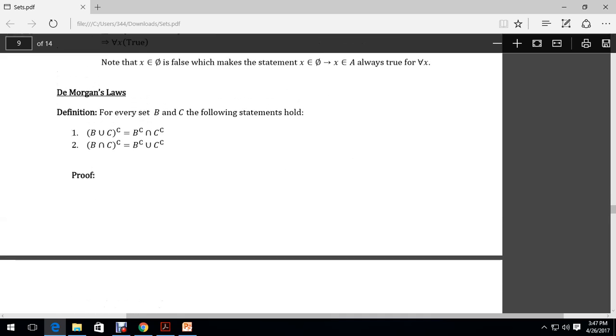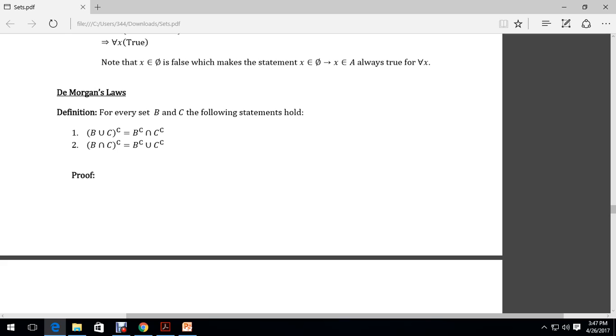Okay, so next will be De Morgan's laws. For example, if you have sets B and C, then if you take the complement of the union, De Morgan says that you can distribute the complement to both B and C, but after doing that, you have to invert the operation of the union into the intersection and vice versa.